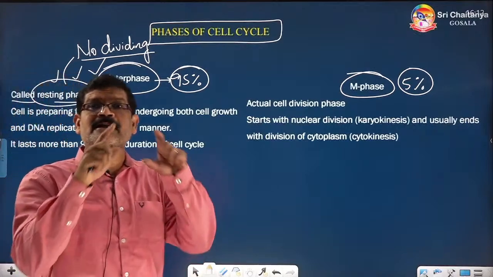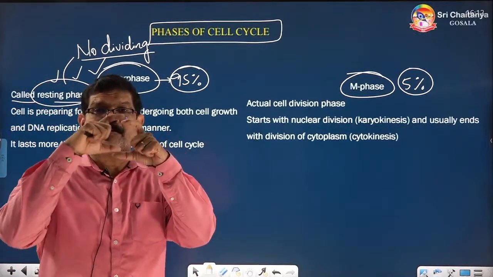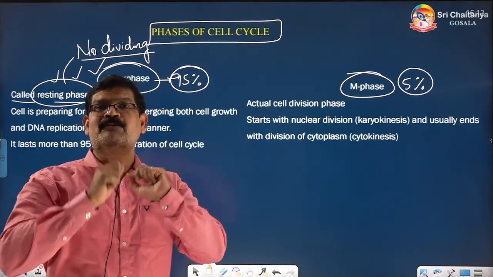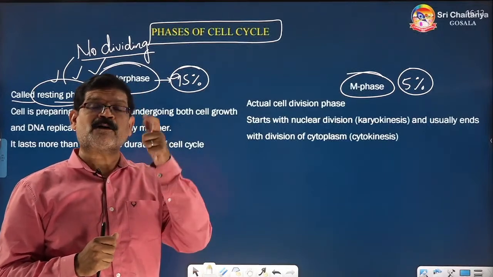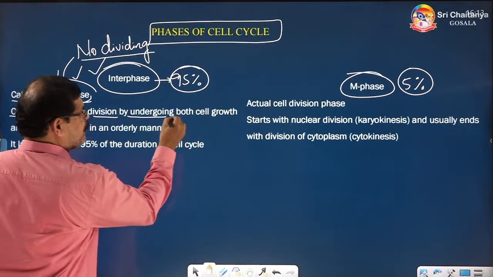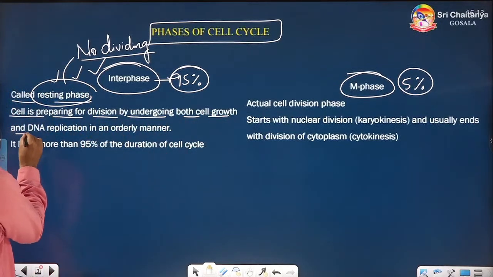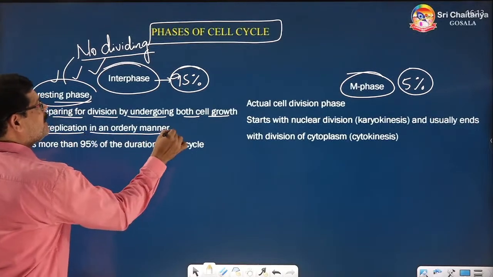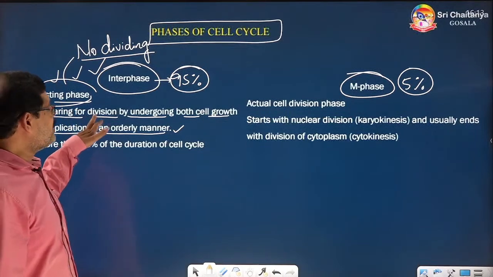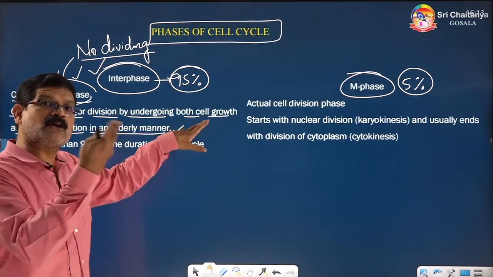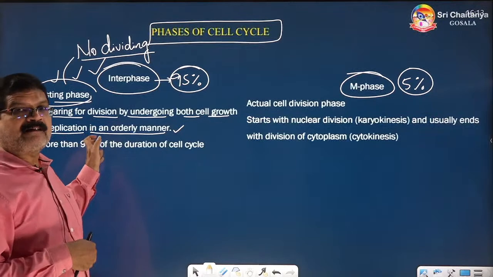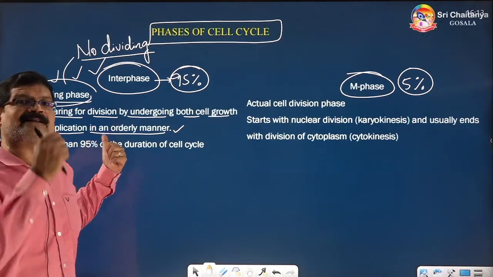Rest means the cell, along with the cytoplasm and everything, is not getting divided. It is a resting phase, but it is considered a metabolically active phase. So the cell is preparing for the division by undergoing both cell growth and DNA replication in an orderly manner. What happens here? The cell grows, and the DNA replication will also be done. What is meant by DNA replication?